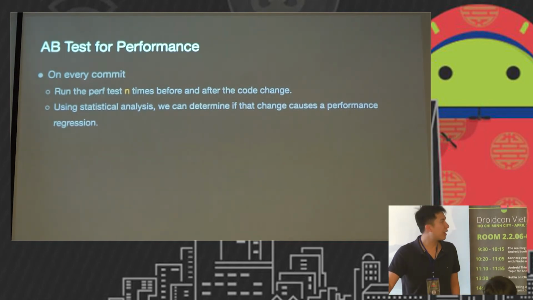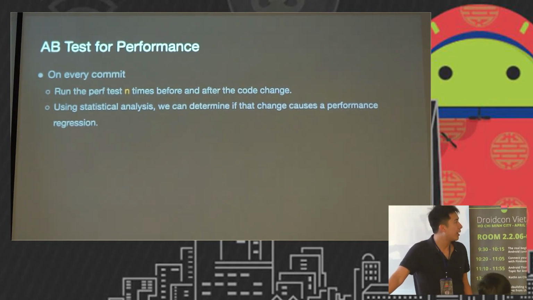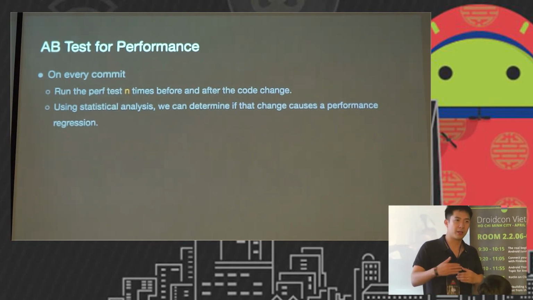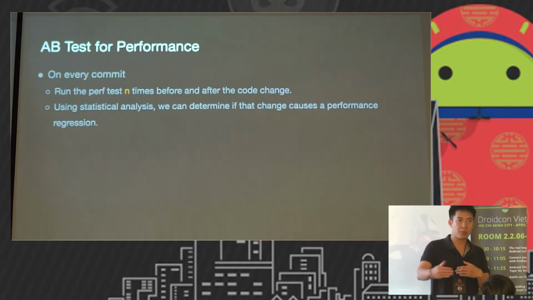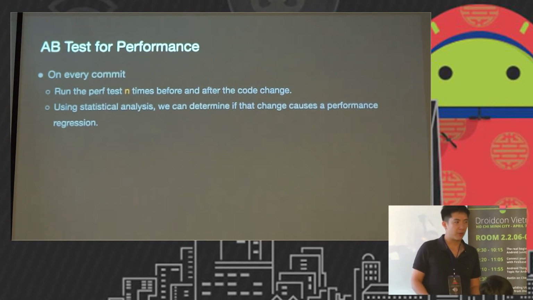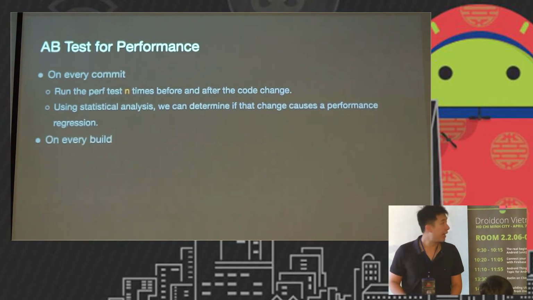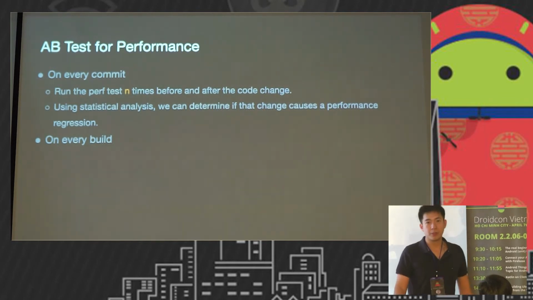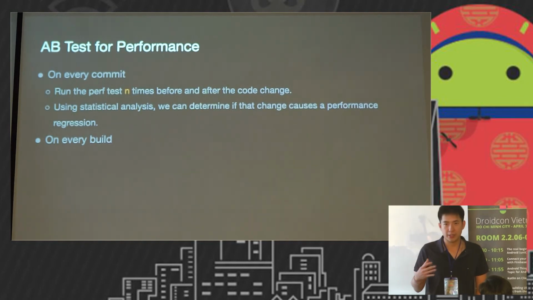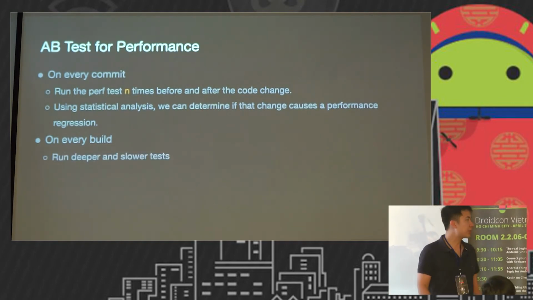The limitation of this approach is that it very much depends on how many times you can run it. That's going to determine how fine-grained you can be, right? So because of that, we have to do it on every build as well. Every time you cut the build, it can be weekly, it can be daily, whatever, we run a bunch more tests.